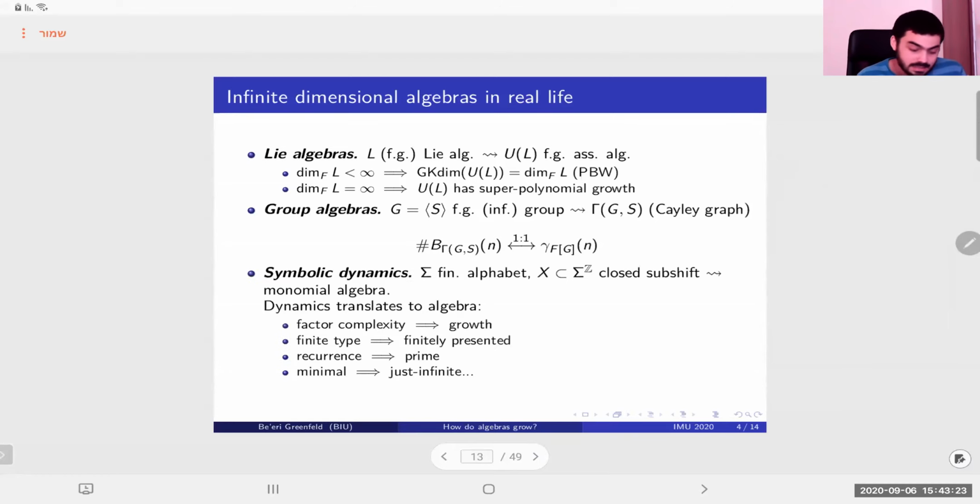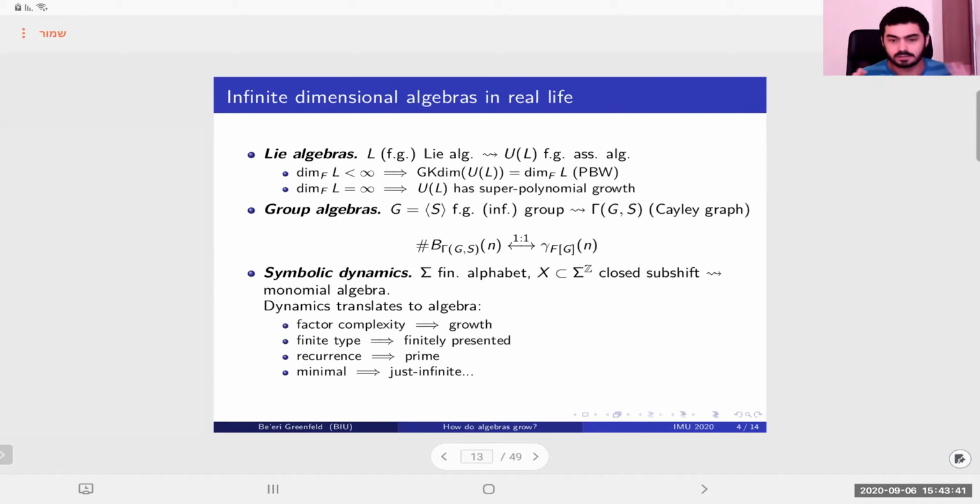And the last appearance I want to mention, because I will use it later and it will play a key role in our construction, is symbolic dynamics. It turns out that out of a closed subshift over some finite alphabet, you can construct a so-called monomial algebra.